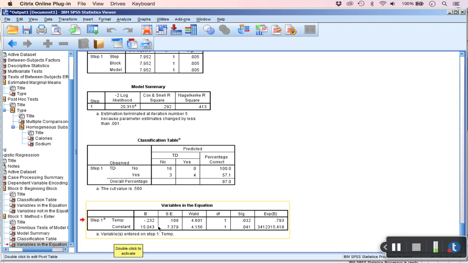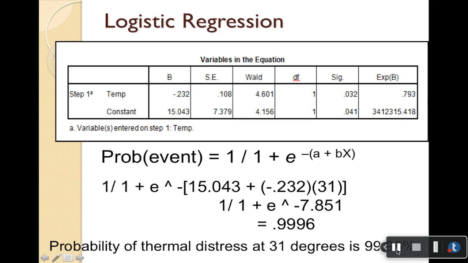Just like our y equals mx plus b, we're going to pull our coefficients from this column. We take the B values for temperature and the constant, or the intercept. If we go back to our slideshow, here we have the variables in the equation box that we just saw in our SPSS output.